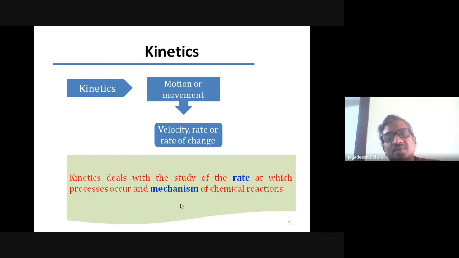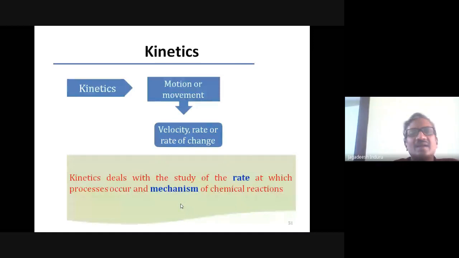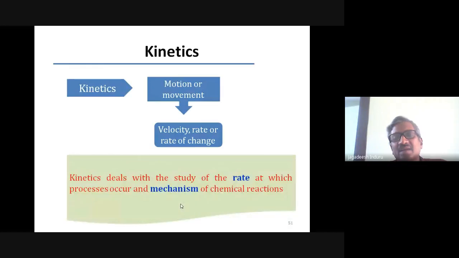Most of the times, endothermic reactions are linked with temperature in a positive manner, and exothermic reactions in a negative manner. But here, whenever we call it kinetics, it is a motion or movement that is linked to the velocity or the rate: at what rate and to what extent the reactants interact to get products.